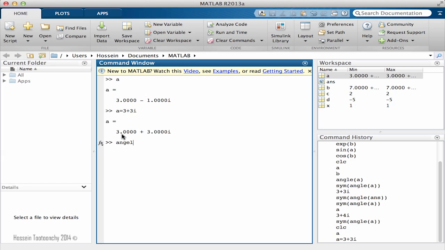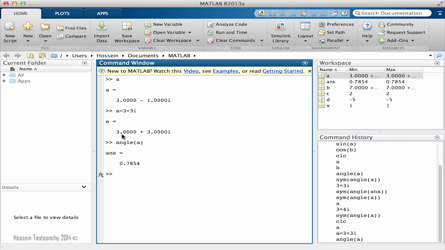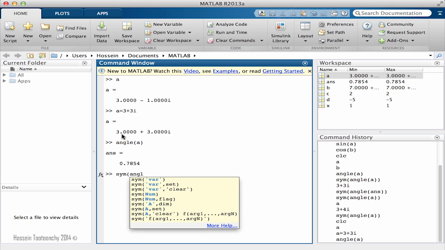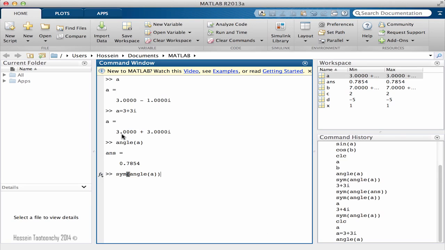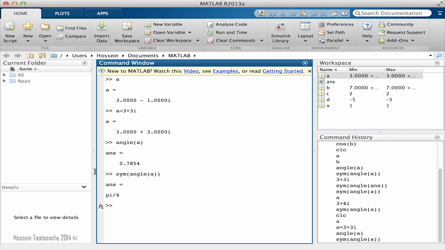Now if I say angle of a, it's going to return like that in radians. But if I do symbolic angle of a, now look what happens. You will notice that the result is no longer a giant fraction, but it is now in pi format. The reason is that whenever I define my complex number so that the real part equals the imaginary part, then MATLAB can represent the result as a coefficient of pi.